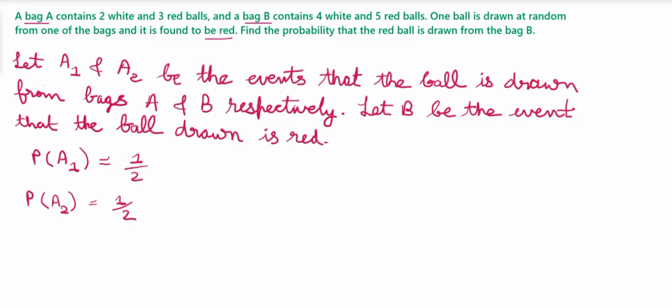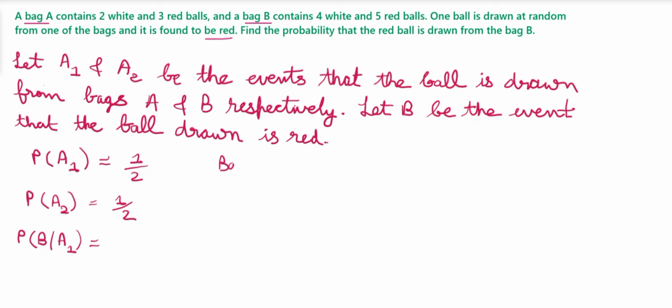Then we'll find the probability that the ball drawn is red given that it is drawn from the bag A, which we'll write as P of B given that A1. The condition is it is from the bag A and it should be of red color.